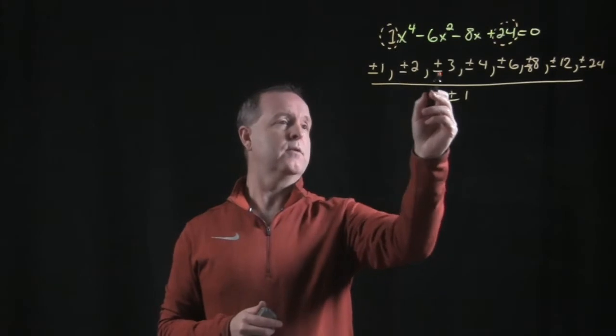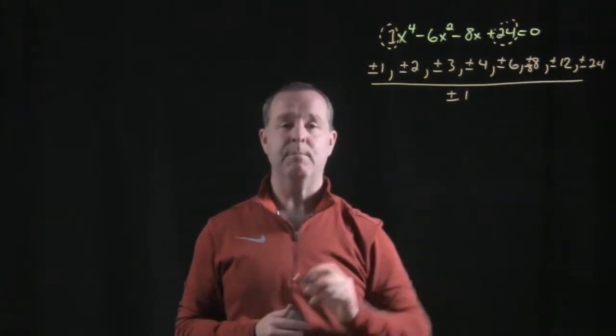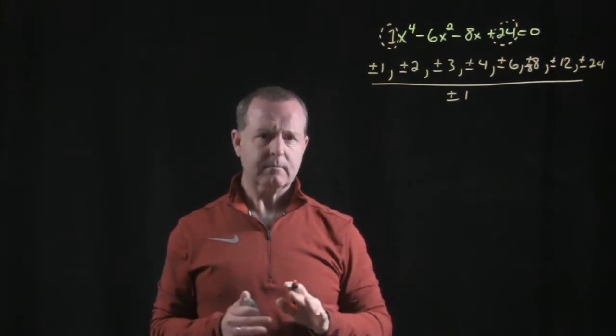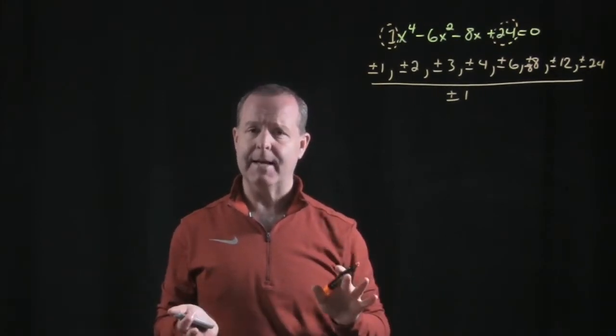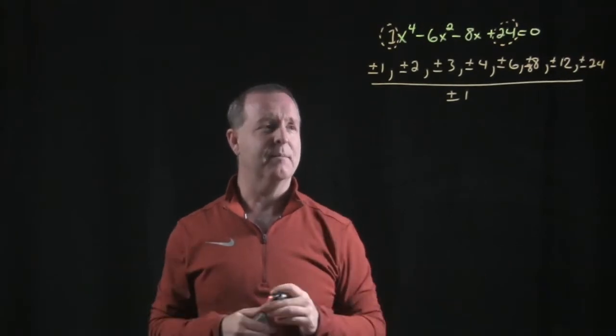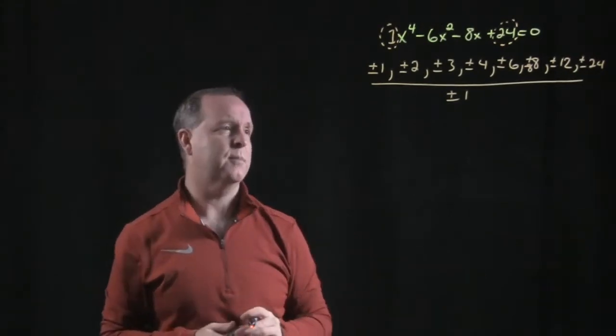I have 1, 2, 3, 4, 5, 6, 7, 8 pairs, 16 possible solutions. Again, I know there's 16. That does seem like a lot, but that's a lot fewer than the entire numbers on the number line. So always think of it in terms of that.